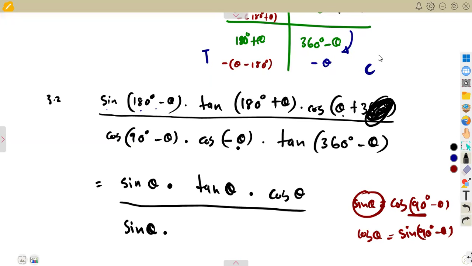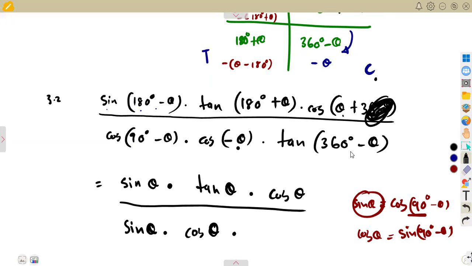But since they are in the quadrant of cos, the C, cos there is positive. So it is going to be positive cos. The angle is negative, yes, but as you simplify it, it is going to be a positive value. Take note about that, okay?